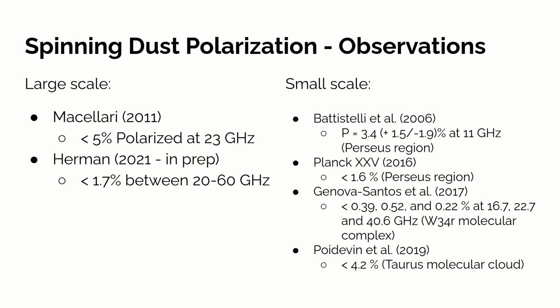Large-scale constraints on the polarization were set by Macellari in 2011 using the WMAP 9-year data, and found that it's less than 5% polarized at 23 gigahertz, while Herman 2021, which is currently in prep, has found that the large-scale polarization is less than 1.7% between 20 and 60 gigahertz.